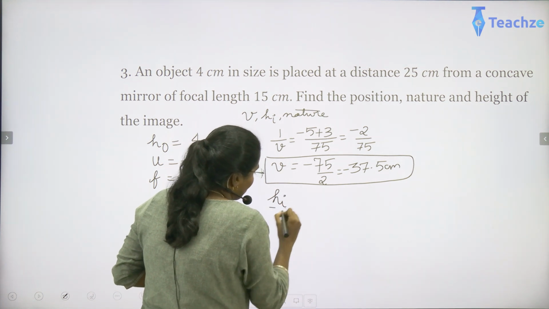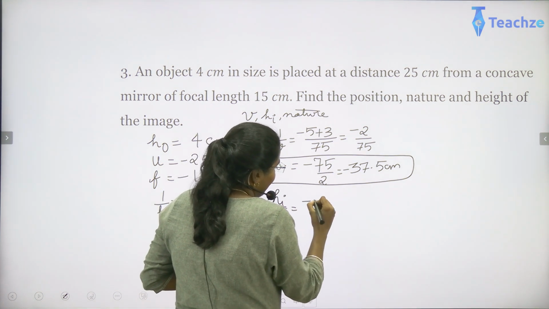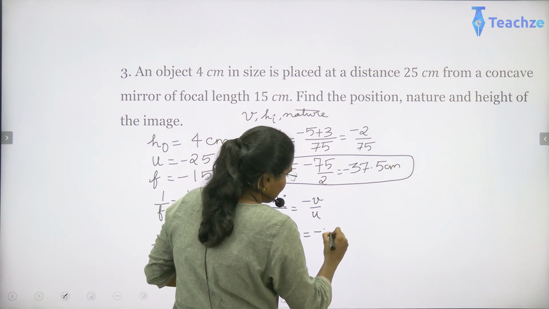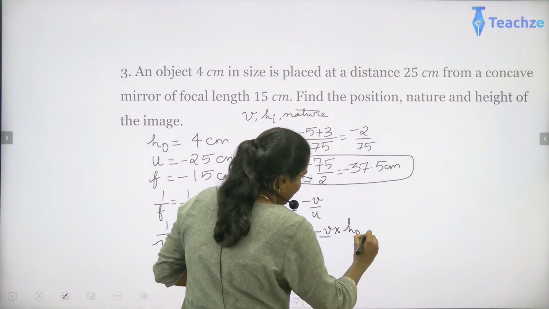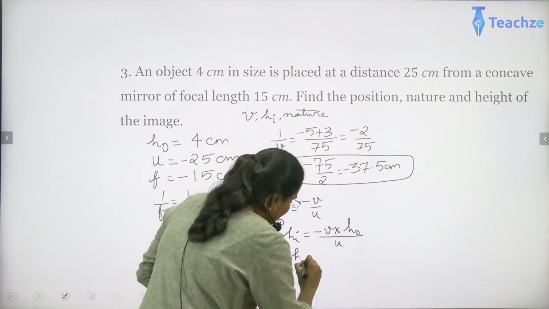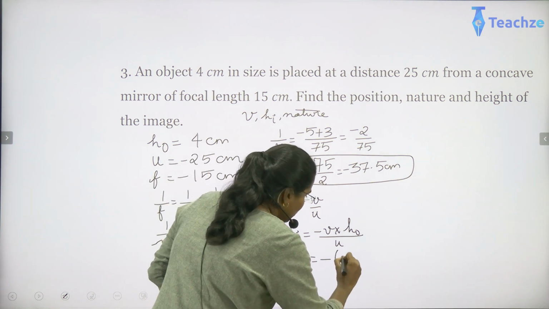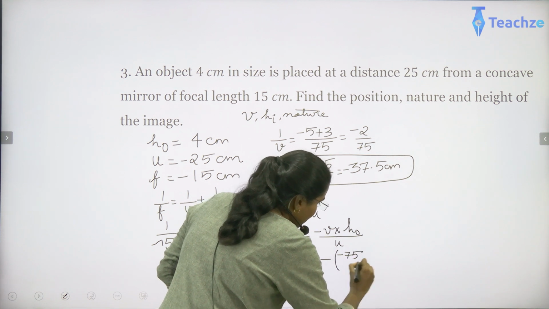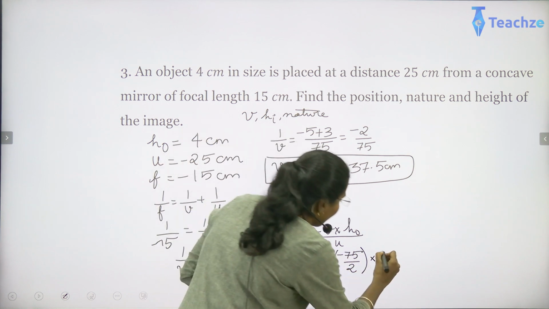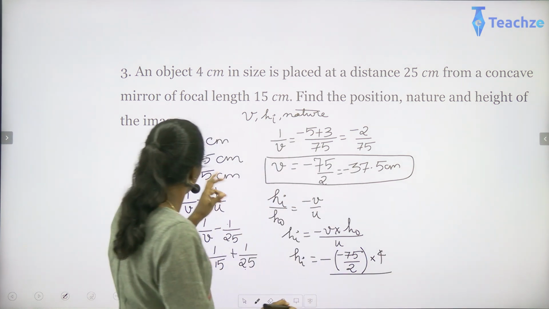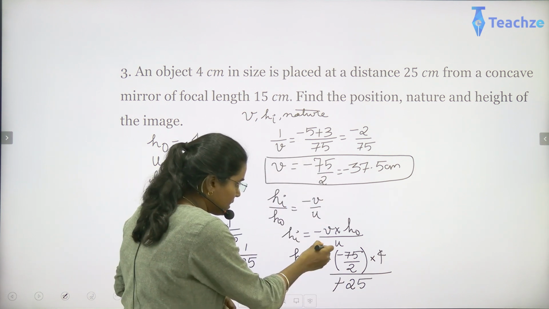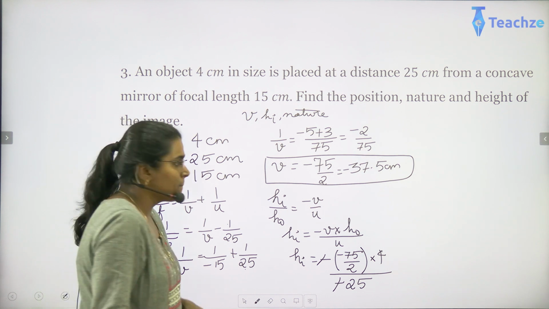Now, then I have HO, v, u, I can find HI. So HI by HO is equal to minus v by u. So HI is equal to minus v into HO by u. Now just substitute all the values in this equation. So HI will be minus into minus of minus 75 by 2 into HO, that is 4, divided by minus 25. So this minus and this minus get cancelled.